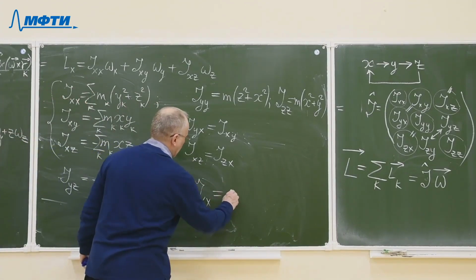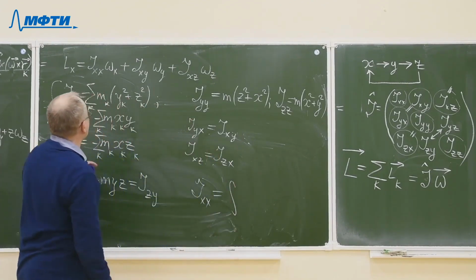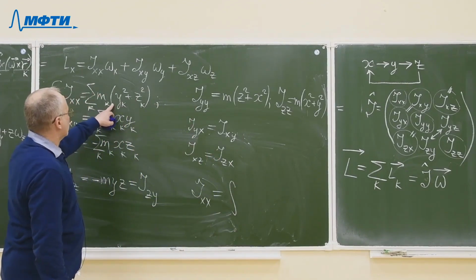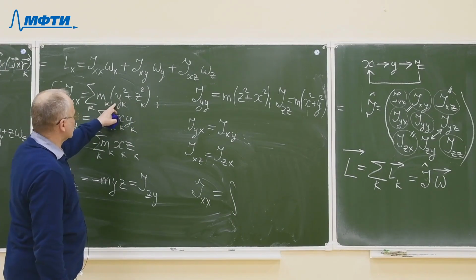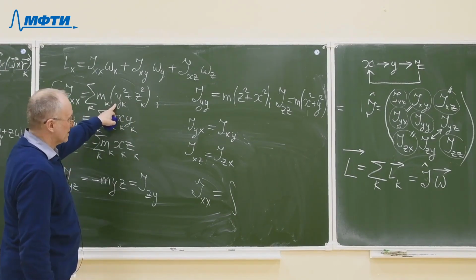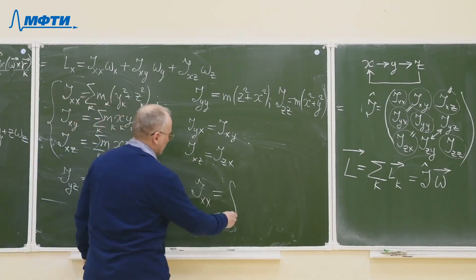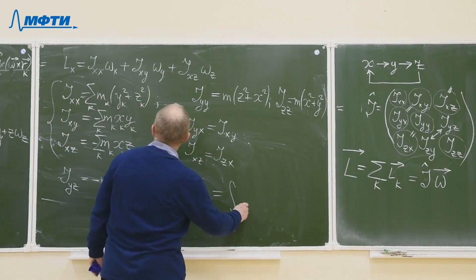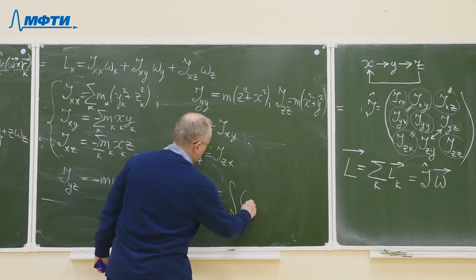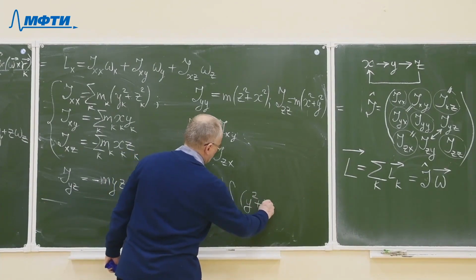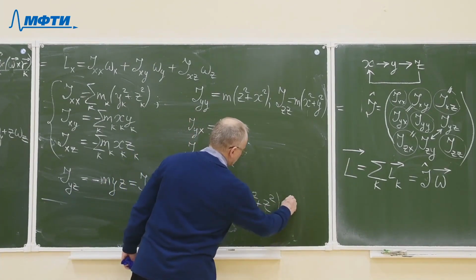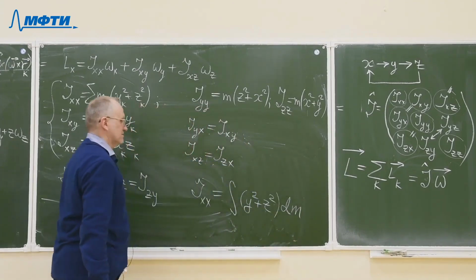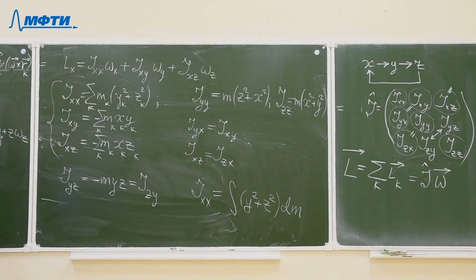That will be an integral with respect to the y and z components, so that will be an integral of y squared plus z squared by dm, something like that.